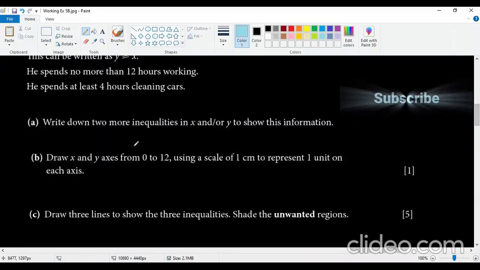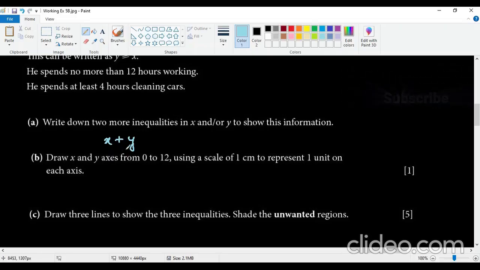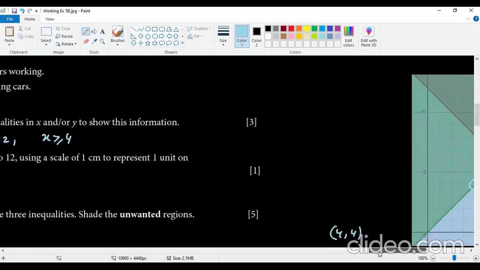Once you write the inequalities, it's going to be something like this: x plus y should be less than or equal to 12, and x should be greater than or equal to 4. Since I'm planning to put this on graph paper, I have used Desmos to work this out.